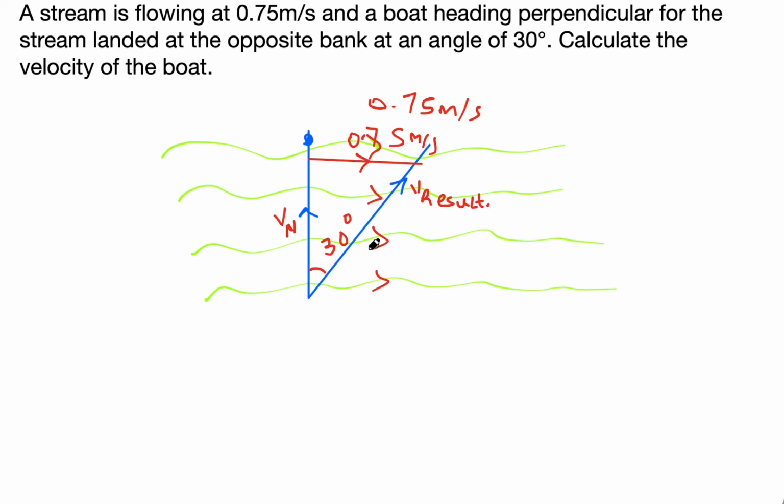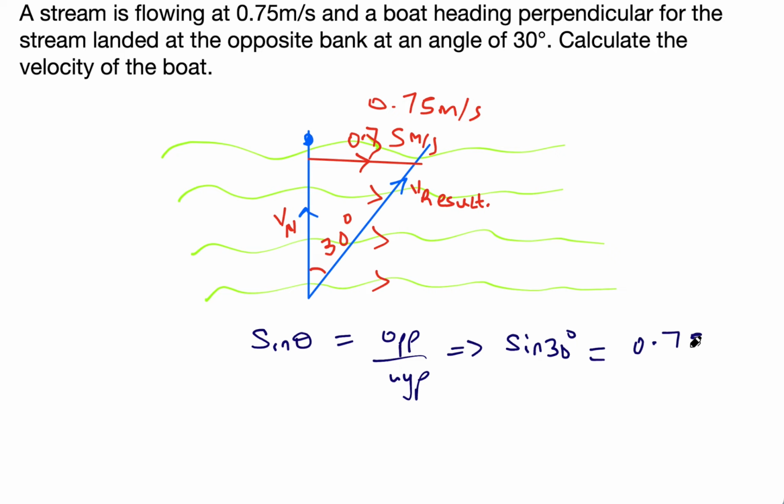So what we need to do here is that we are looking for the hypotenuse. This is 30 degrees. We have the opposite. So we can use sine, because we know that sine theta is opposite divided by the hypotenuse. Which implies that sine 30 degrees equals the opposite, 0.75, over the resultant, which is what we're looking for, the resulting velocity.